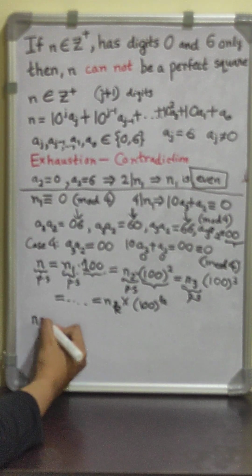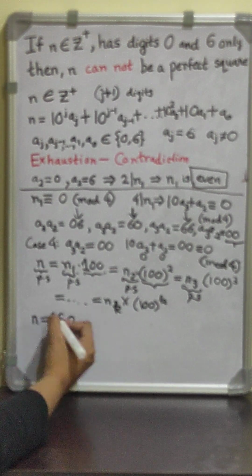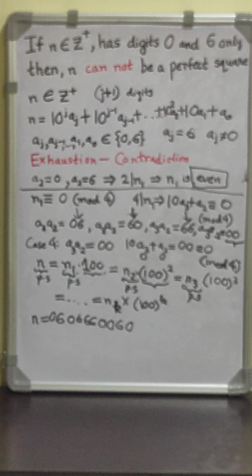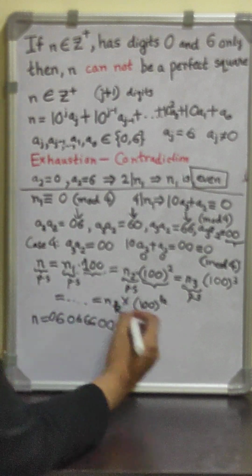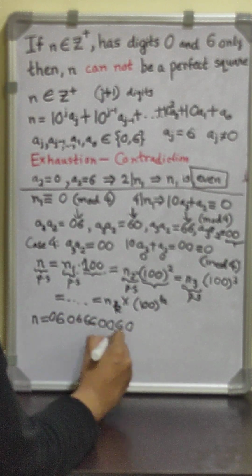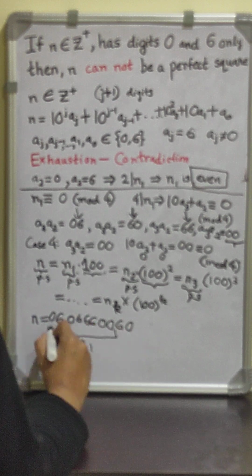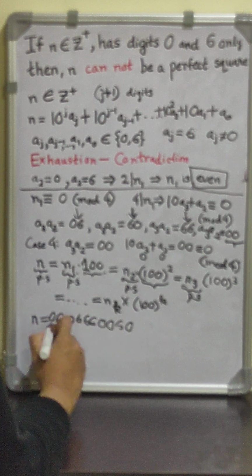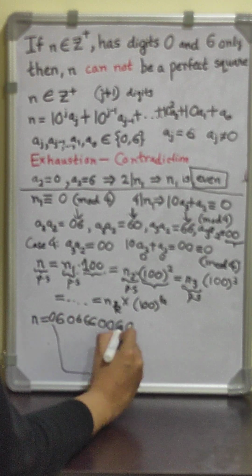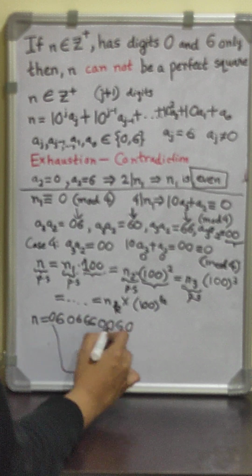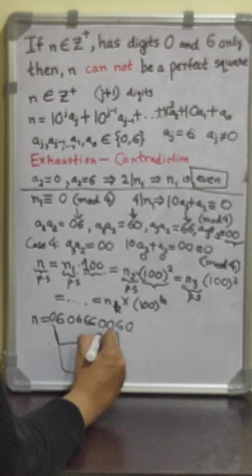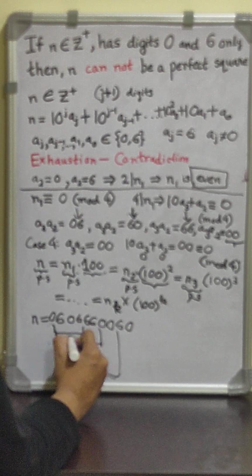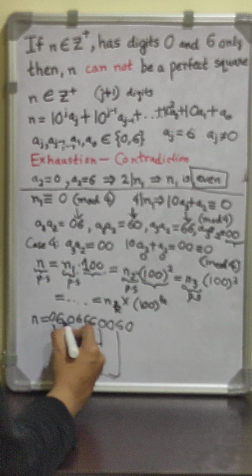So think of it this way. Now I will use a real example of n to explain this. So n1 was after deleting two digits, n2 was, this was n1, deleting two digits, this was n2, deleting another two digits, this was n3, deleting another two digits, this is n4.